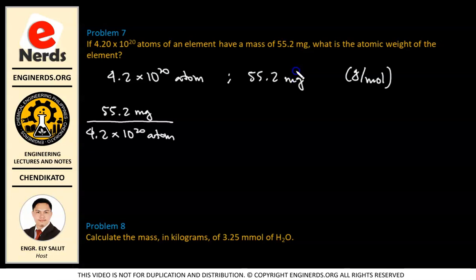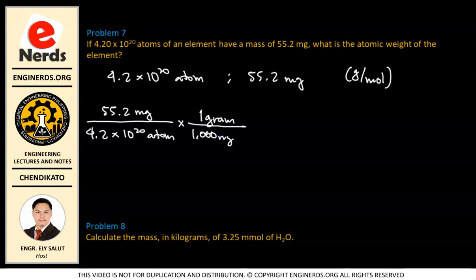We need this to be in grams because we want to express this in grams per mole, so let us convert this milligram into gram. For every 1 gram, we have 1000 milligrams, right?